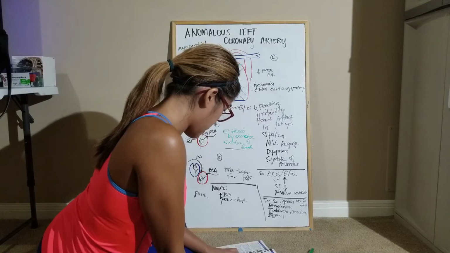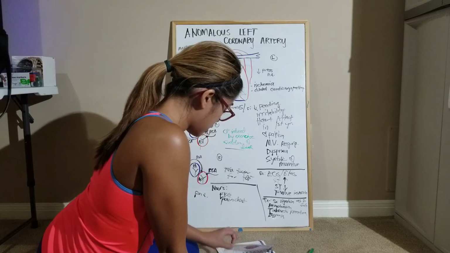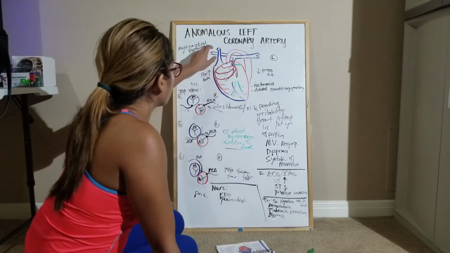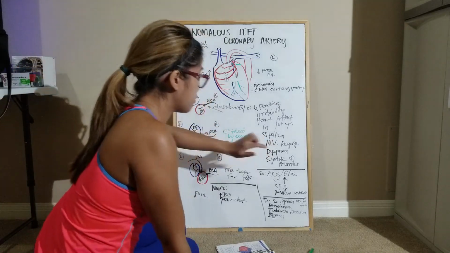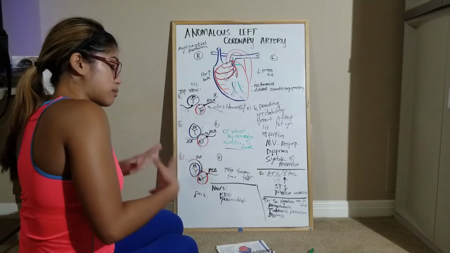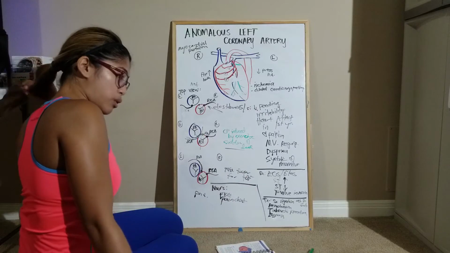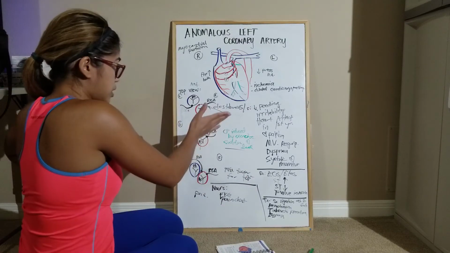For anomalous left coronary artery, for example, they may have mitral valve regurgitation, and that's because it's the same diagnosis. Or a better example would be pulmonary artery stenosis.